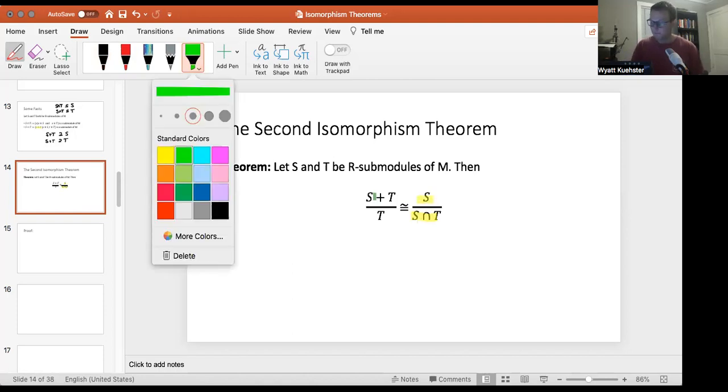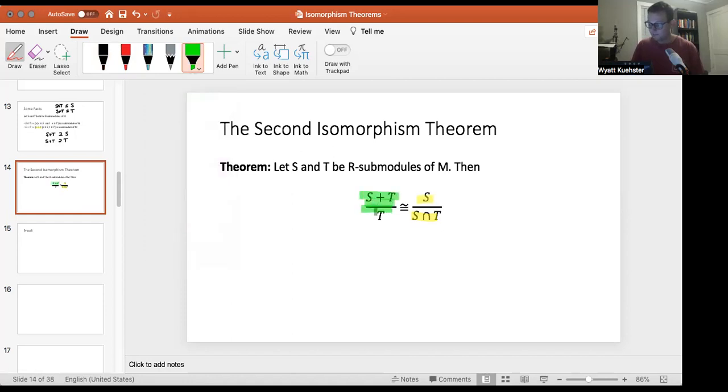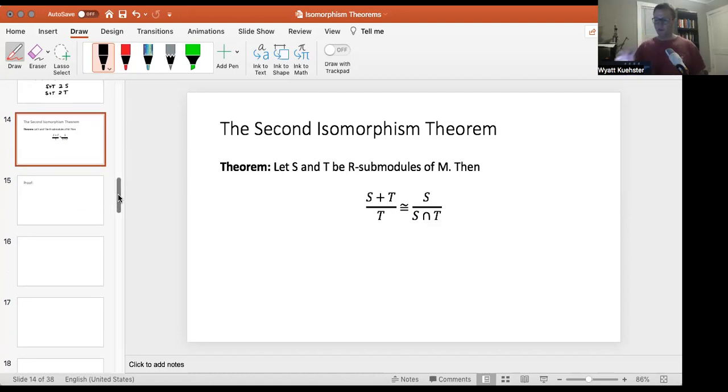And S plus T contains T as a submodule because it's all of the elements of the form 0 plus something in T. And so the left quotient makes sense. So that's just checking that I'm not saying nonsense. Both these quotient modules are defined and they're isomorphic. And we're going to prove that they're isomorphic using the first isomorphism theorem.